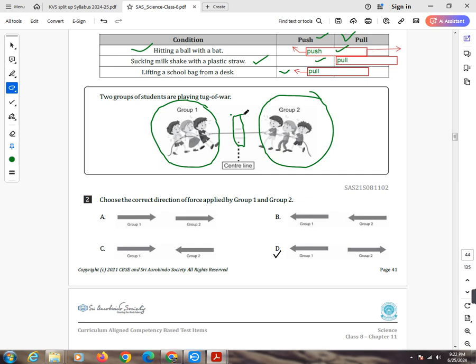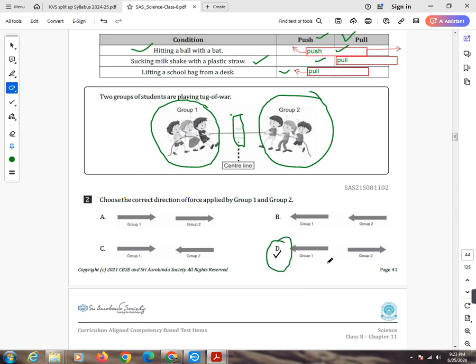In this situation they are asking us the question, choose the correct direction of force applied by group 1 and group 2. So here you can see both are applying equal and opposite forces. So option D will be the correct answer.